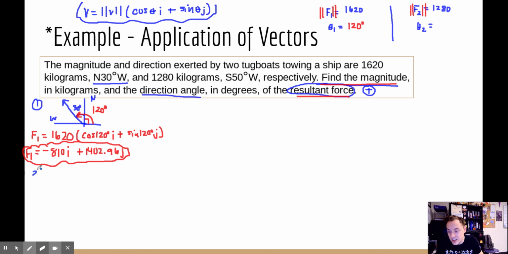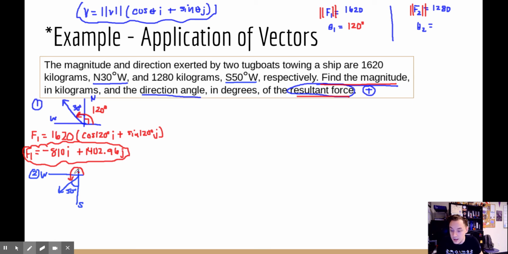So now let's go to my second tugboat, and we need to find the directional angle first before I find the vector, right? I'm given south 50 degrees west, so that's going to be in the third quadrant, not the second. So south, 50 degrees west, so this is west, and this is south, right? And this right here is 50 degrees. So if this is 50 degrees, what is my actual directional angle, what is all of this?